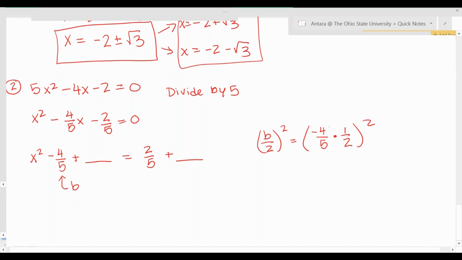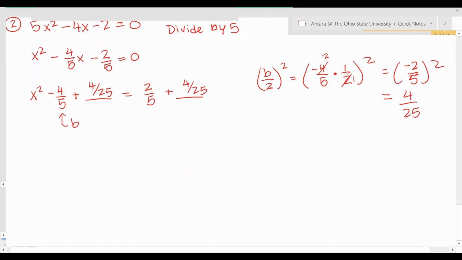So we simplify, that's a 2, this goes to 1, and it's negative 2/5 squared, which is 4/25. So we have 4/25 here, and then we add 4/25 on the other side.